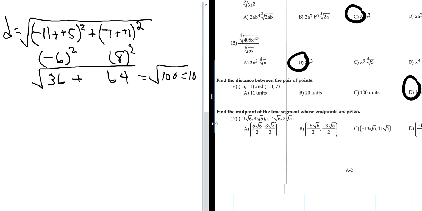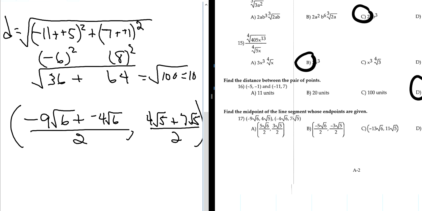How about number 17? Let me set this one up. Okay, so I've got my ordered pairs here. Maybe call this x1, this x2, this y1, this y2.